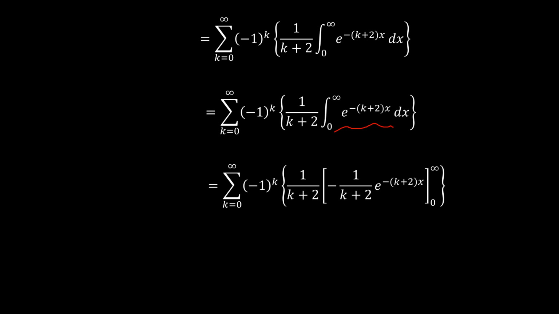When x tends to infinity, this part tends to 0, and when x is 0, this part is 1. So we are left with the summation of negative 1 to the power k over (k plus 1) squared, multiplying this k plus 2, k plus 2.